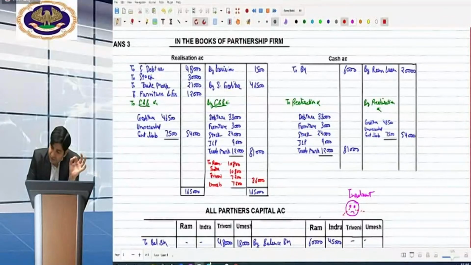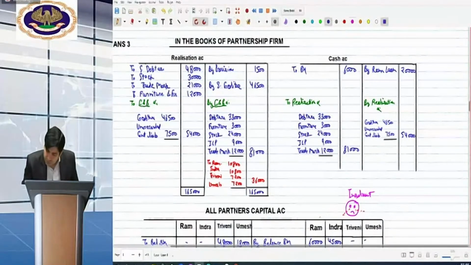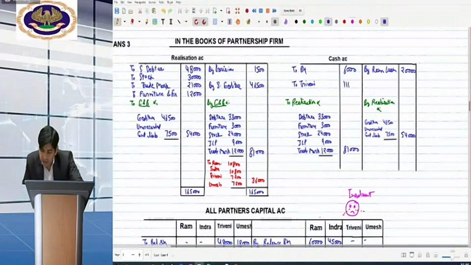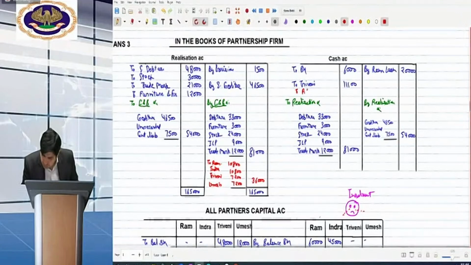To Triveni, 11,100, I think. 11,100, yes. And to Ram, Indra, Triveni, can I do the total? Okay. Realization loss. I am writing here realization loss of all the remaining partners.